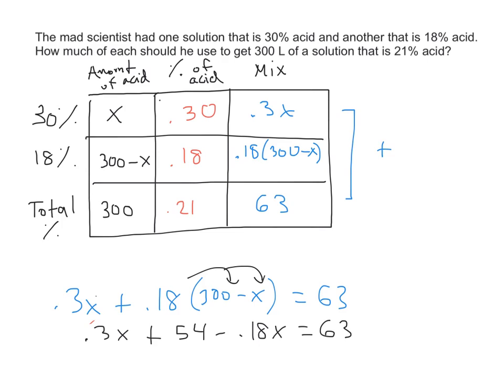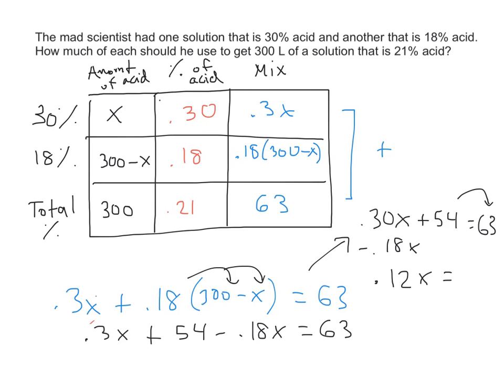So, 0.30x plus 54 minus 0.18x equals 63. We can combine like terms, and we would get 0.12x equals, other side, 9.